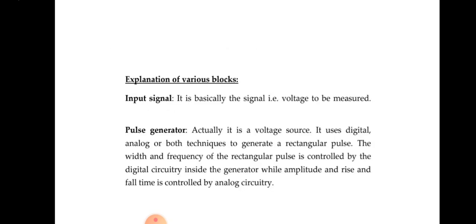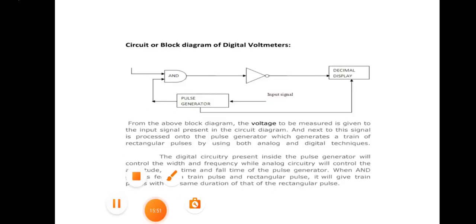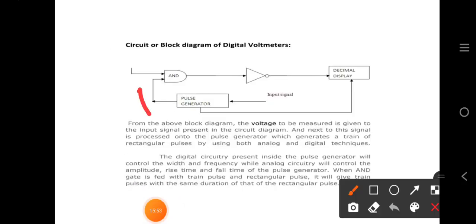Okay, so what does it mean? Here one input to the AND gate is from the pulse generator, and the second input, a train of pulses, is also given to the AND gate.